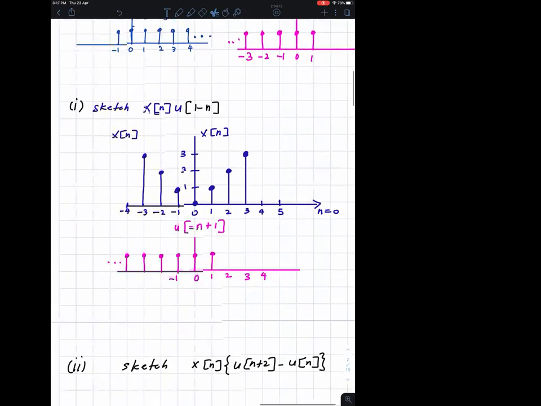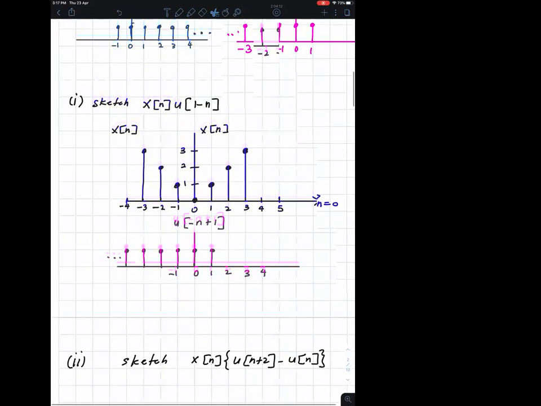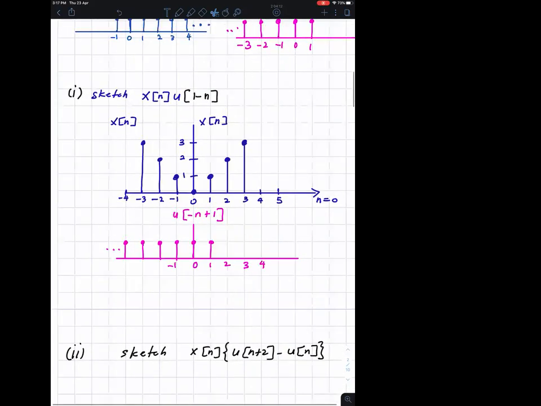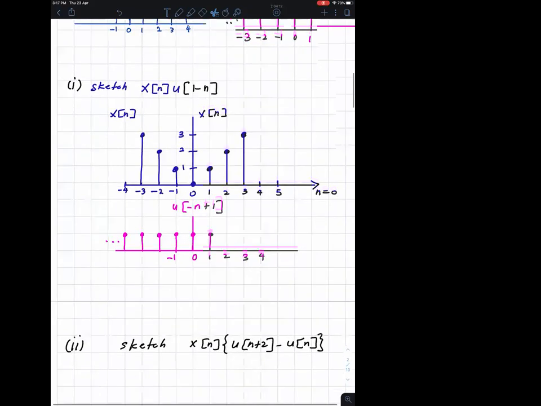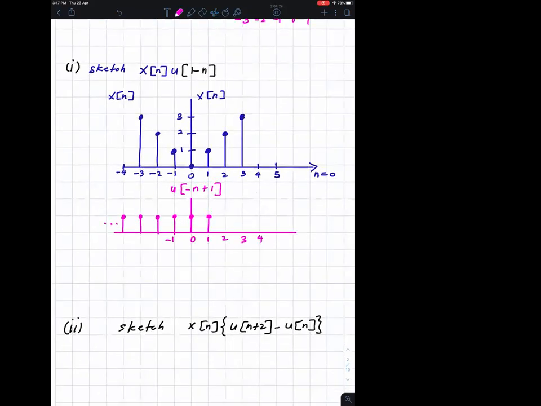So now you can see what happens when we multiply them. From here onwards is 0, 0 from here onwards, and it's also 0 here. But this part here is not 0, it's 1.